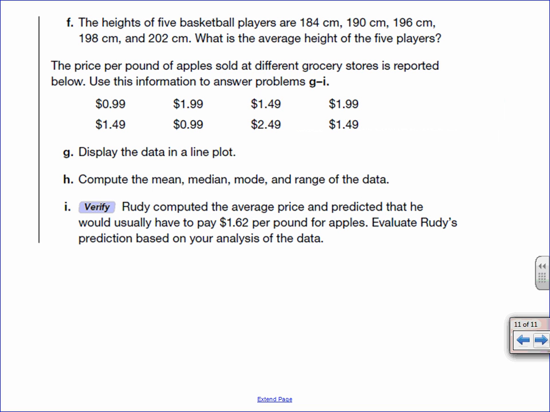The heights of 5 basketball players are 184 centimeters, 190 centimeters, 196 centimeters, 198 centimeters, and 202 centimeters. What is the average height of the 5 players? So you add the numbers.